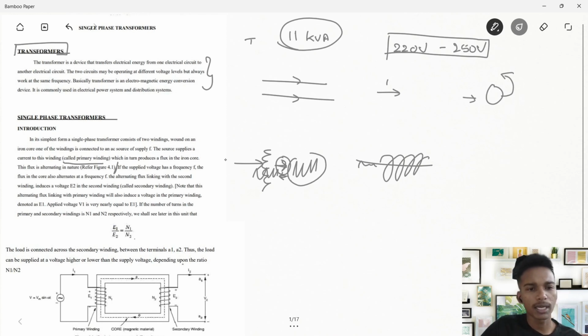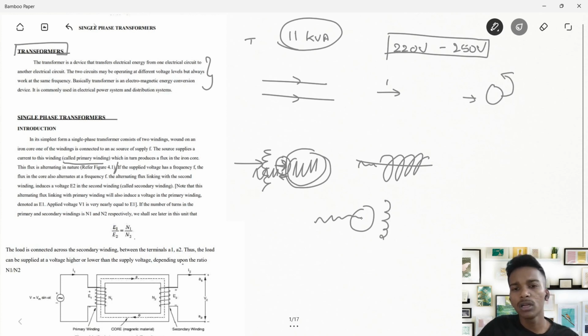The same principle is used in transformers. The alternating flux links with the secondary winding. We use this magnetic flux to develop current in the secondary coil. If a magnetic flux passes through a coil, it automatically generates electricity in that coil. The same principle is used.